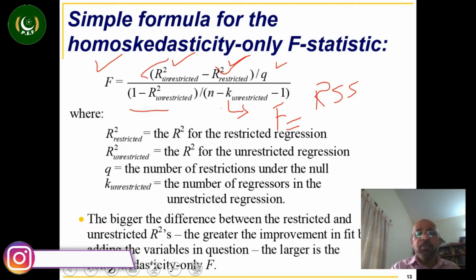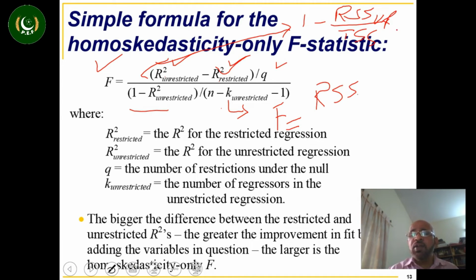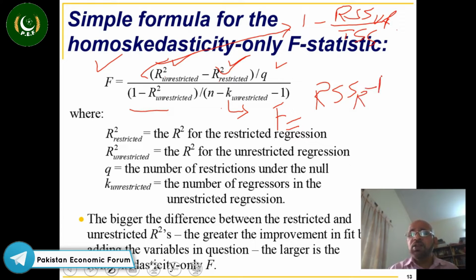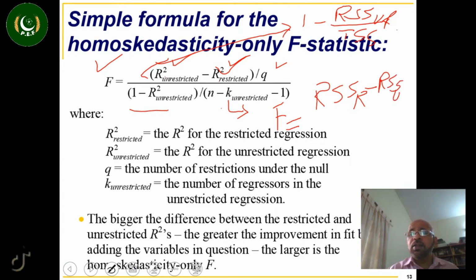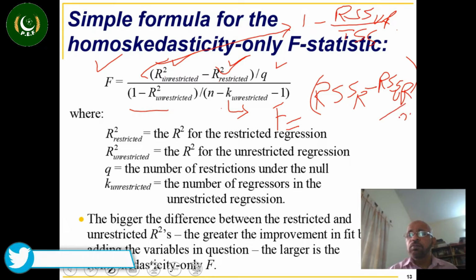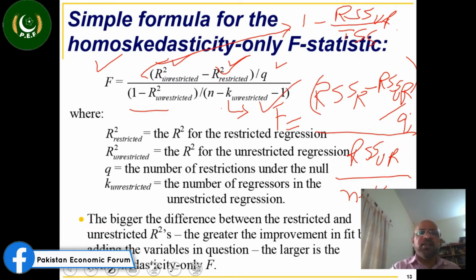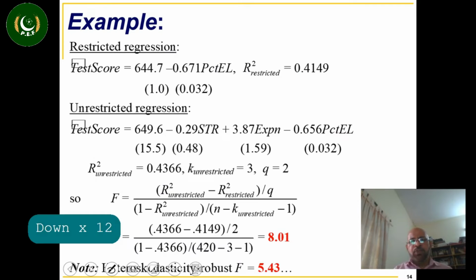If you replace R square by 1 minus residual sum of squares divided by TSS, and all that, you get this. So these two are exactly the same, just a little algebraic manipulation.